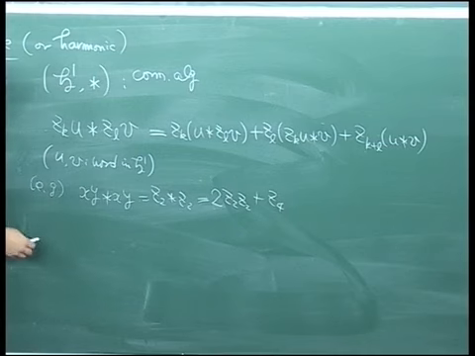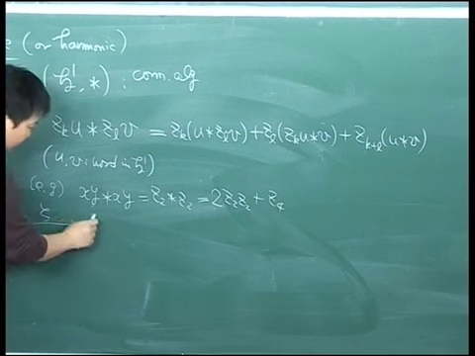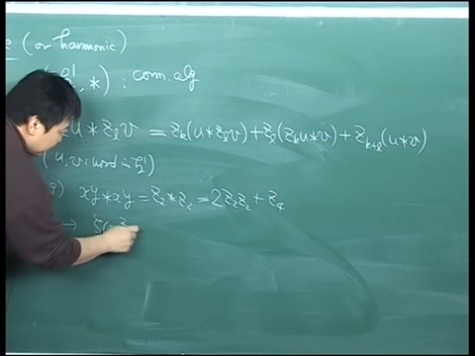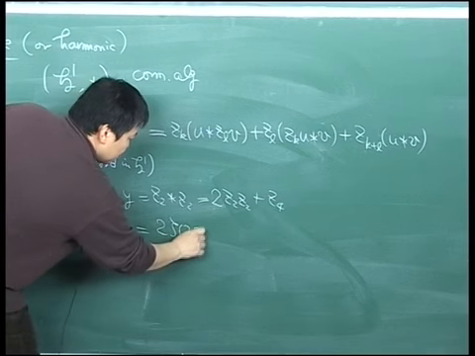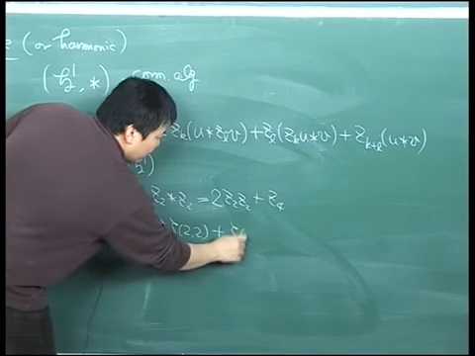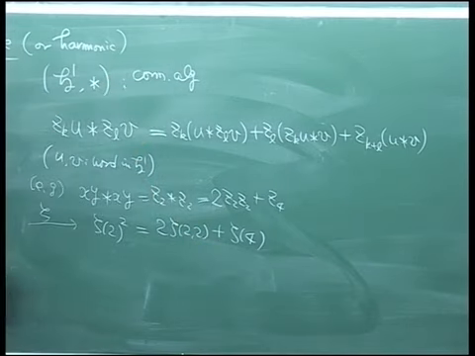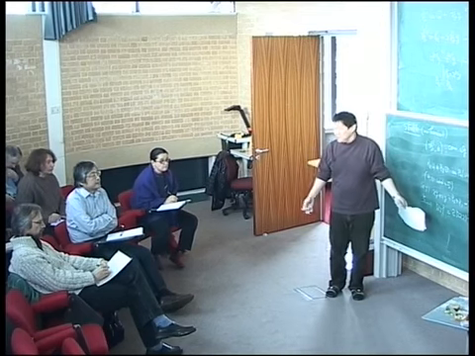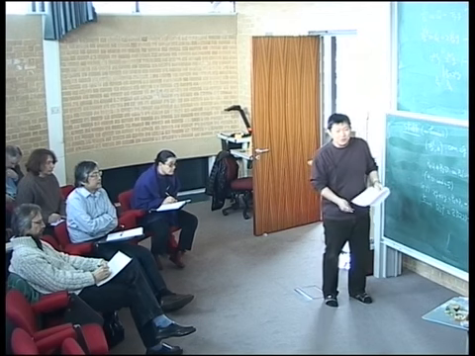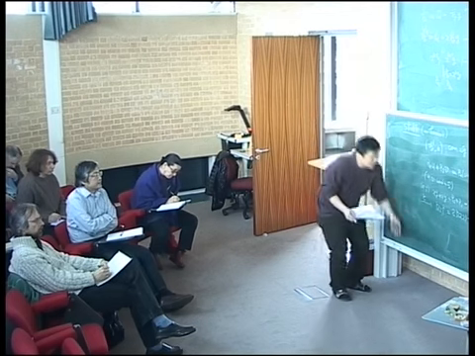So this product is also compatible with the evaluation map. This product says zeta 2 squared is 2 times zeta 2 2 plus zeta 4. These are Riemann zeta values. So comparing these two results, we get a linear relation among zeta values. Such a class is called the double shuffle relation.